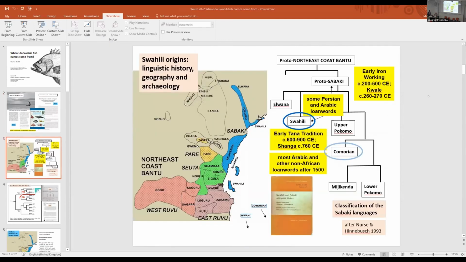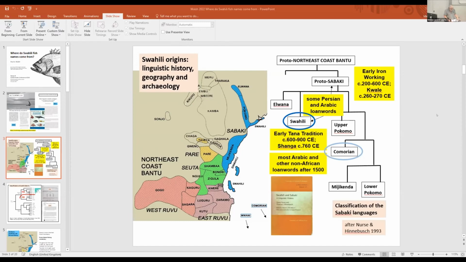So Swahili and Comorian have hundreds, and I do mean hundreds, of names for fish and other marine creatures. And where did all these names come from? The northeast coastal Bantu ancestors of Swahili were originally only familiar with inland waters and fisheries, as they swept up historically in that direction.